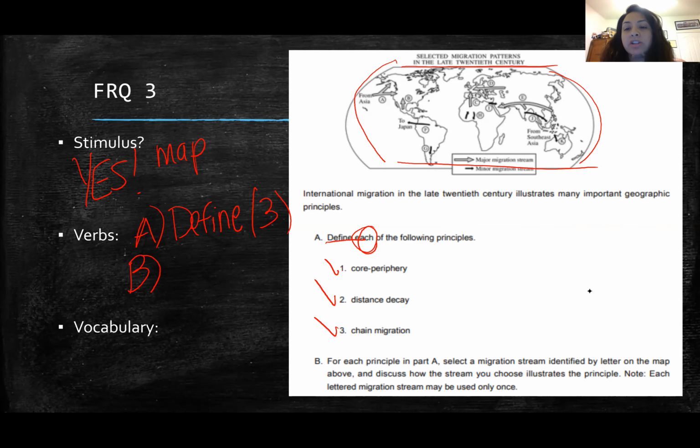Your minor migration streams, you're going to notice, are these thinner arrows. So these thinner arrows where you have from your upper area of Latin America to Japan, where you have from, looks like South Brazil, down to Argentina and Chile, so that's F and G. You have letter H, where you have this going on in Western Africa.